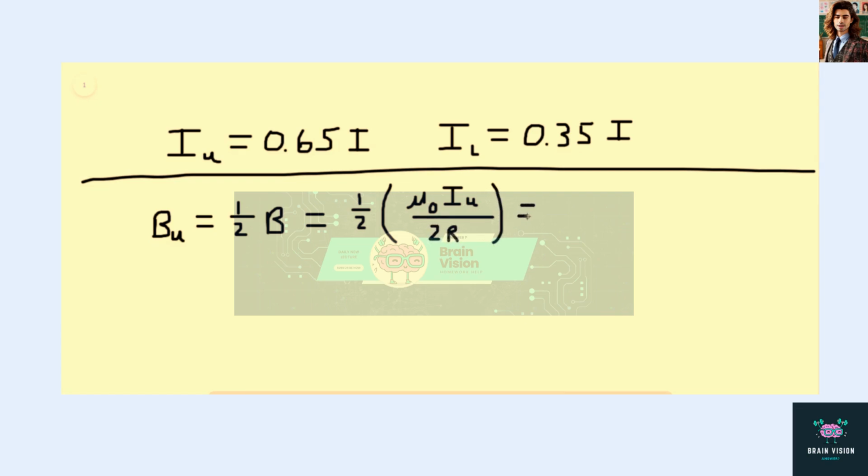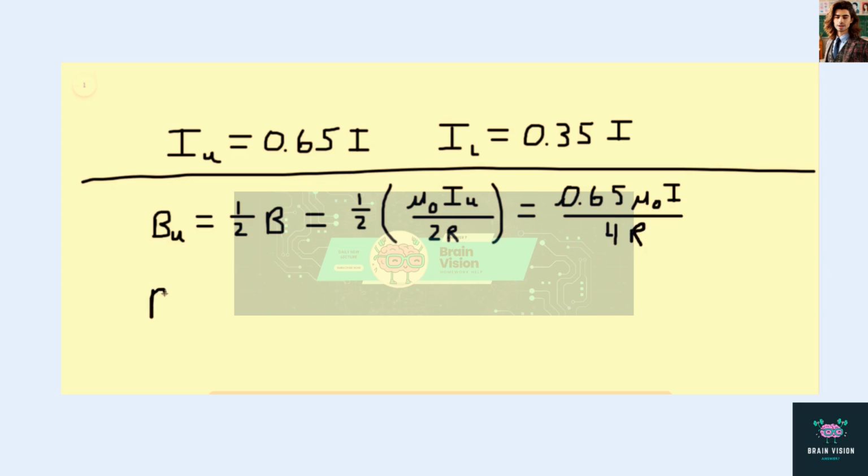Okay, well, we know I sub u is 0.65 I, so what we have is 0.65 mu naught times I, and then divided by 2 times 2r, or in other words, 4r.